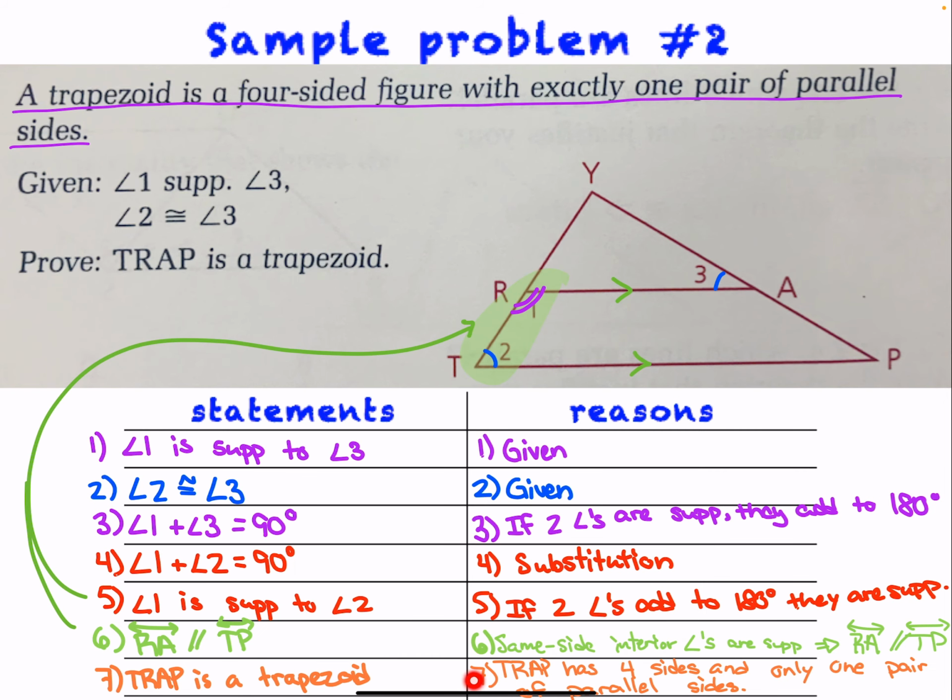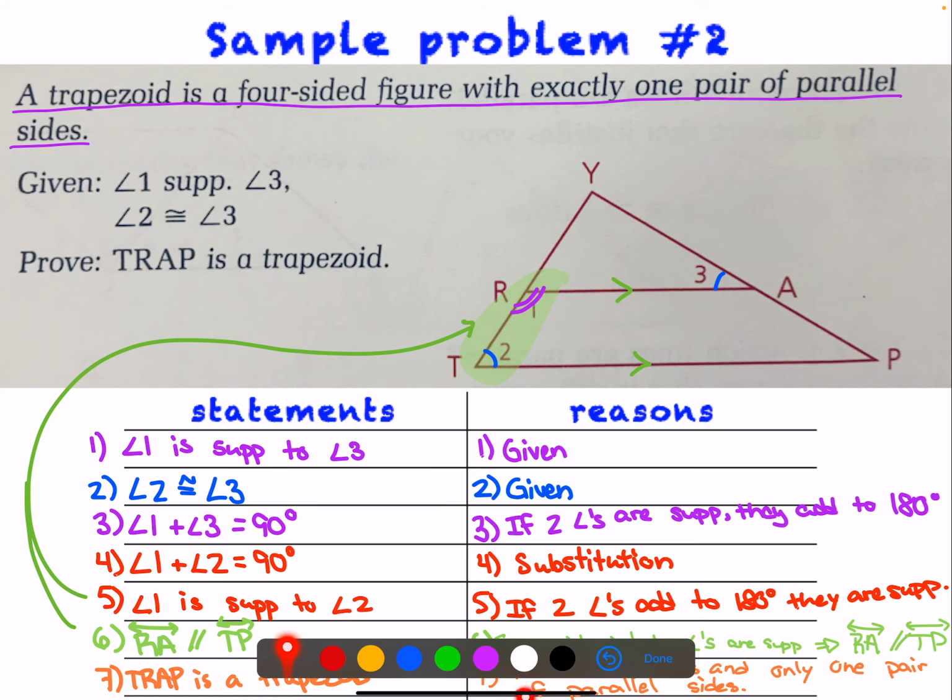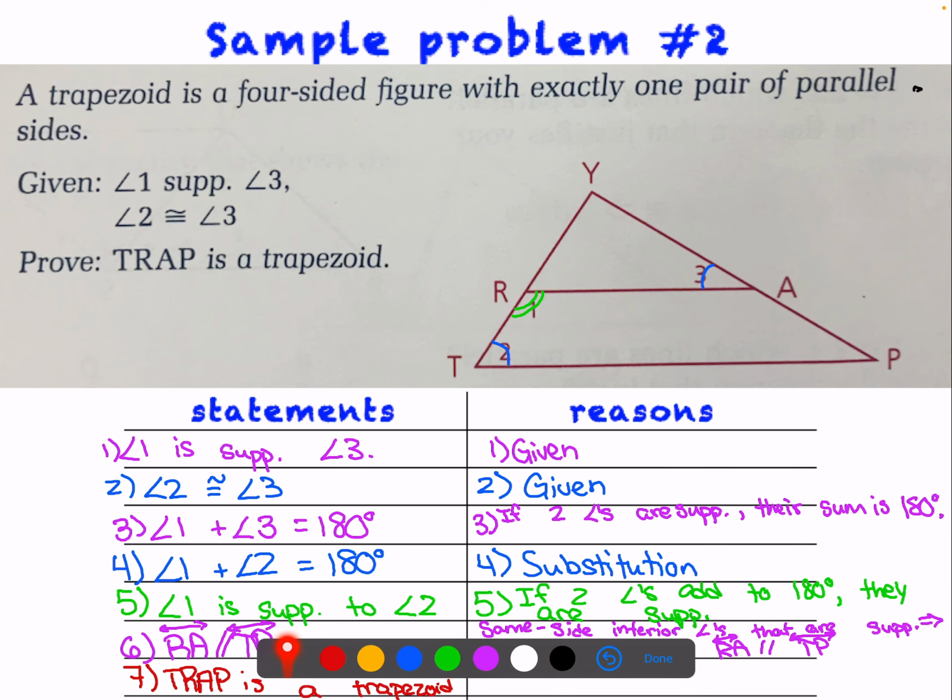TRAP has 4 sides and only one pair of parallel sides, therefore it is a trapezoid. And that is our proof. So TRAP has 4 sides, 1, 2, 3, 4, and exactly one pair of parallel sides, meaning RA and TP. Therefore, it is a trapezoid.